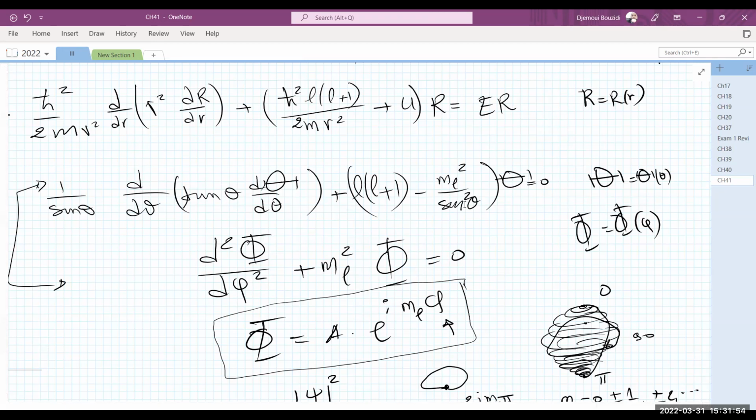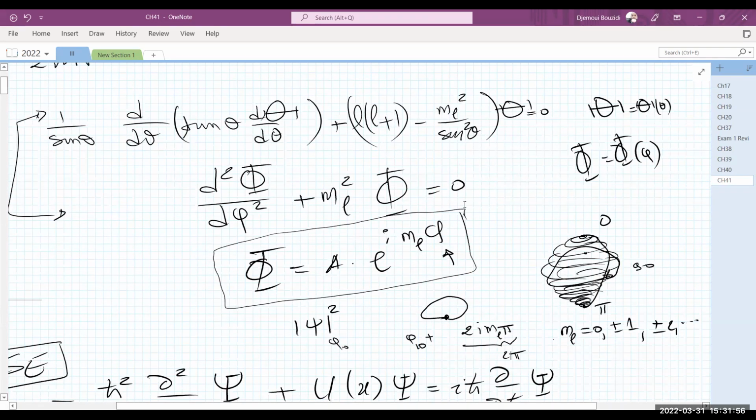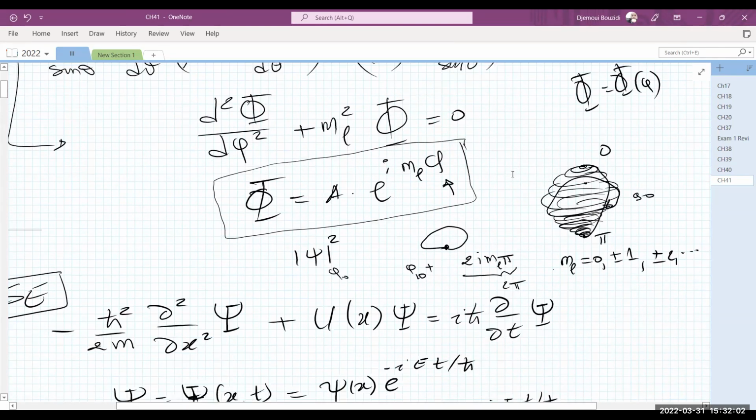Okay. So if you make those conditions, you will find that this term in here better be canceling at those values, namely at most ML is equal to ±L. So now you have another condition on ML and L.